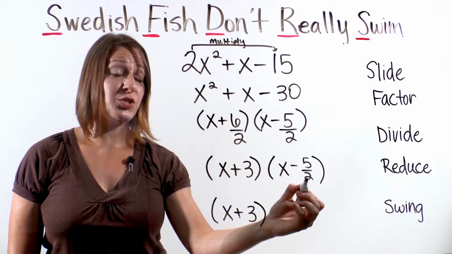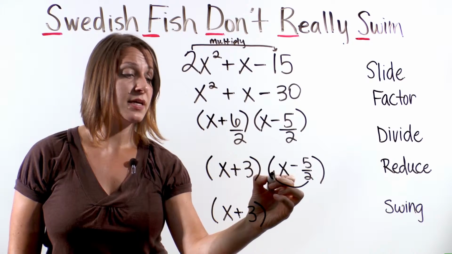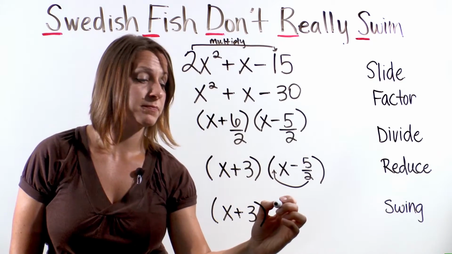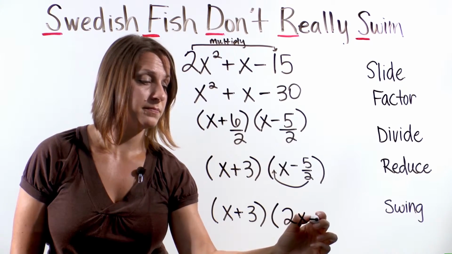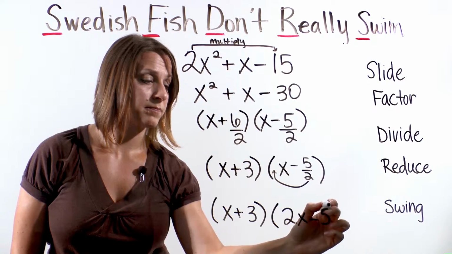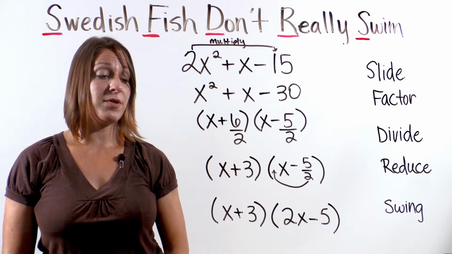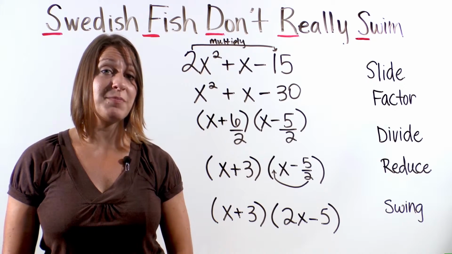The next one has 2 as a denominator. We are going to swing the 2 to sit in front of the x. So the final answer to this problem is x plus 3 times 2x minus 5.